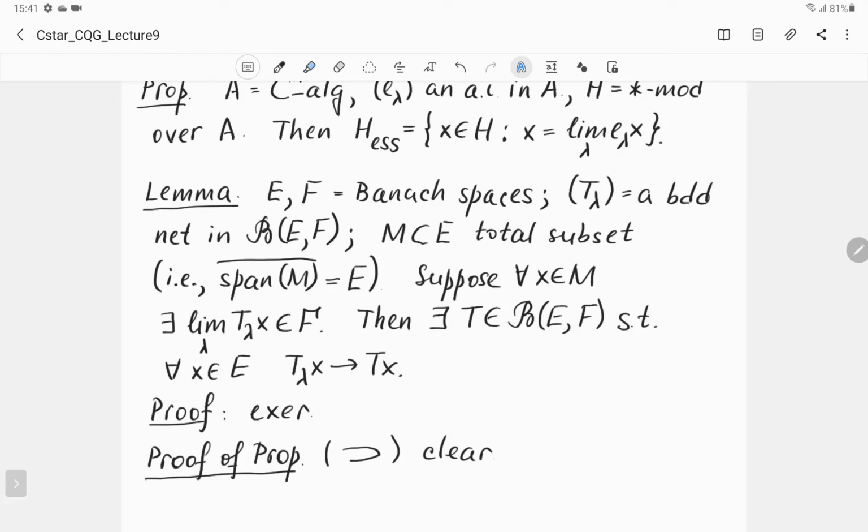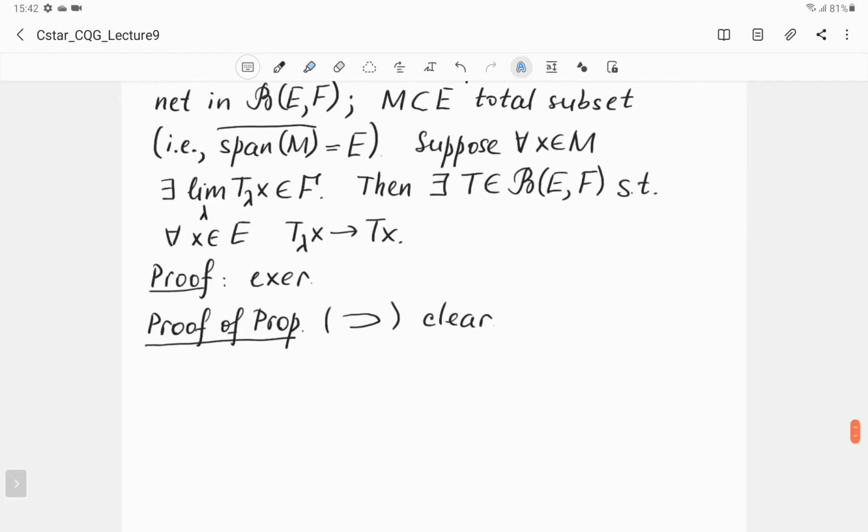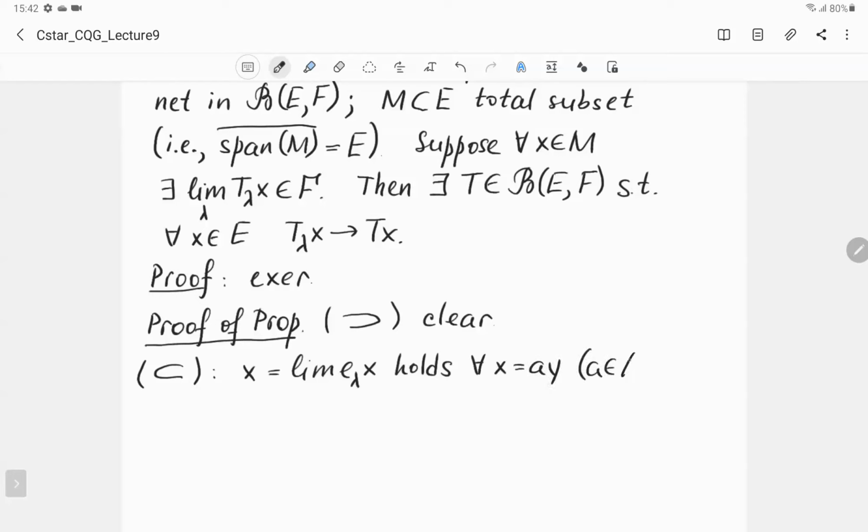And to prove the opposite inclusion, we observe that this equality holds for each element x of the form ay, where a is in A and y is an element in our module. I'll just substitute ay here, and since e lambda a converges to a, we see that this formula holds.